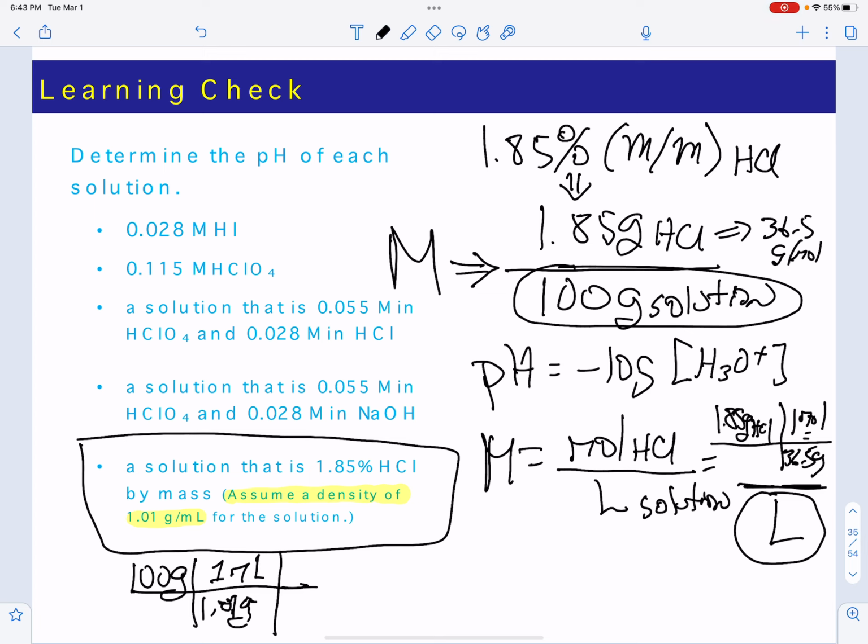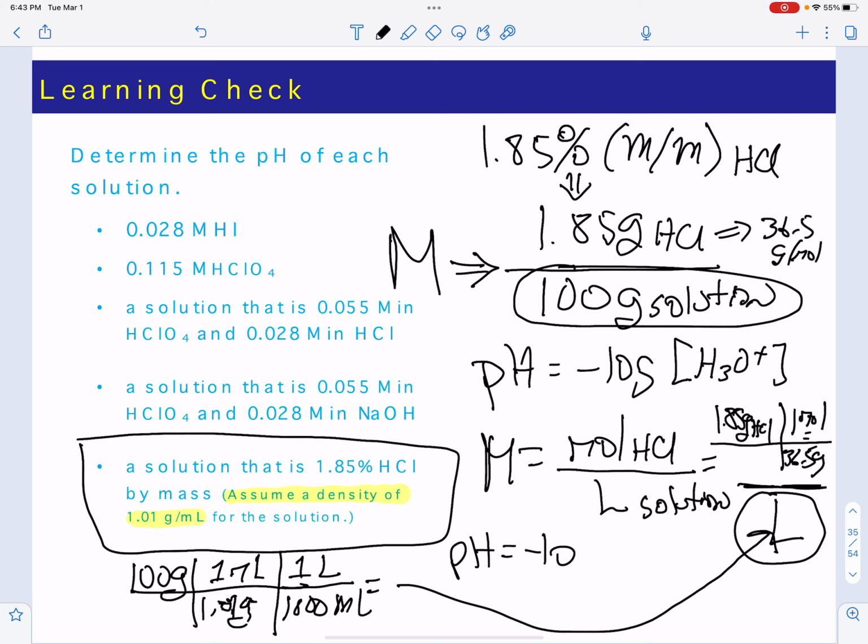And then all I have to do is change it to liters, 1 liter over every 1,000 milliliters. So once I do that, that will go there. And all I have to do is pH equals the minus log of this operation. So once you find all those numbers, all you do is just do the minus log of that.